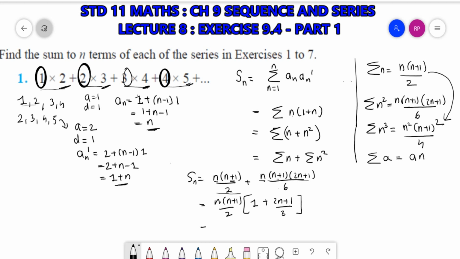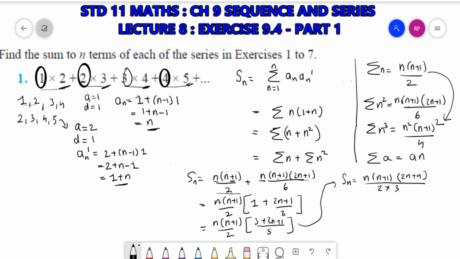Okay, so now solving it further, this will be n into n plus 1 by 2. Taking LCM 3, 3 plus 2n plus 1. So Sn will be equal to n into n plus 1, here it will be 2n plus 3 plus 1, 4, upon 2 into 3.